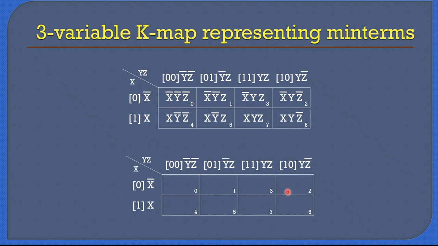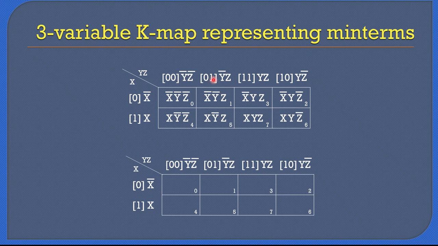Basically it has 8 boxes because it is 3 variables. So 2 to the power 3 is 8. You have to number it from left to right. But notice one thing: whenever you write the truth table, it starts from 0, 1, 2 and 3, because 0 0 is the binary representation of decimal value 0, 0 1 is decimal 1, 1 1 is decimal 3, and 1 0 is for 2.